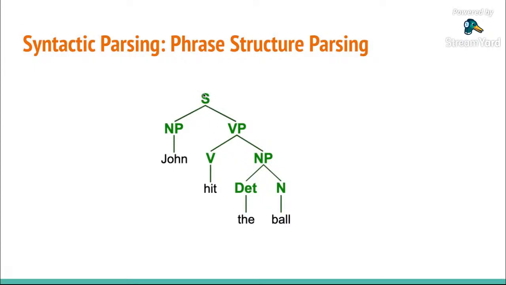This helps in identifying the structure of the sentence so that we can do any further processing on top of it. We'll go into details of syntactic parsing in the later sessions. But at a high level, phrase structure parsing tries to form a sentence out of the given words. If you can form a sentence, then it's a meaningful sentence and has some structure to it. If you can't form a sentence, then it's not a meaningful sentence.